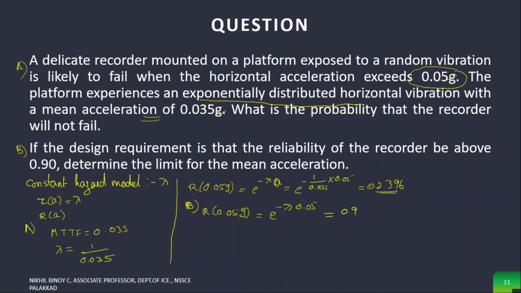In order to find mean time to failure, we need lambda. So by using this reliability equation, first we have to find lambda. This one is an exponential term, so first we apply natural logarithm on both sides.